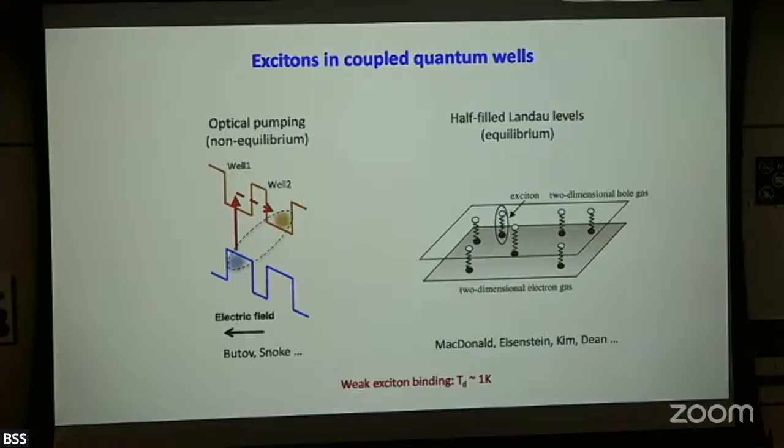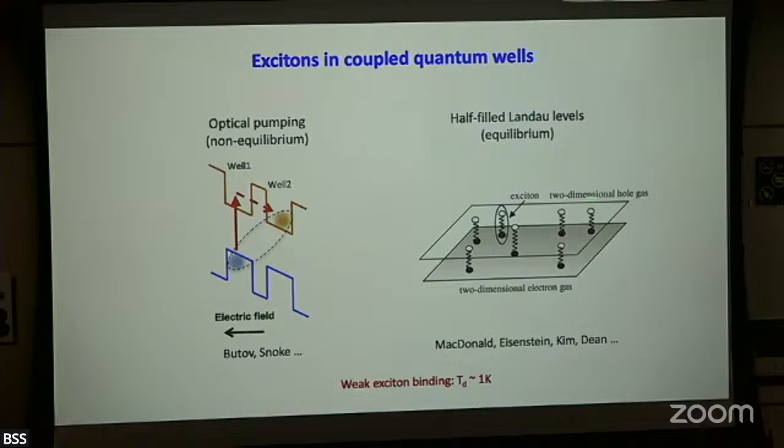This has been studied a lot in the optics community. The problem is that those optically excited excitons are usually short-lived, and they recombine before usually reaching thermal equilibrium. So it's very hard to study the equilibrium phase diagram.